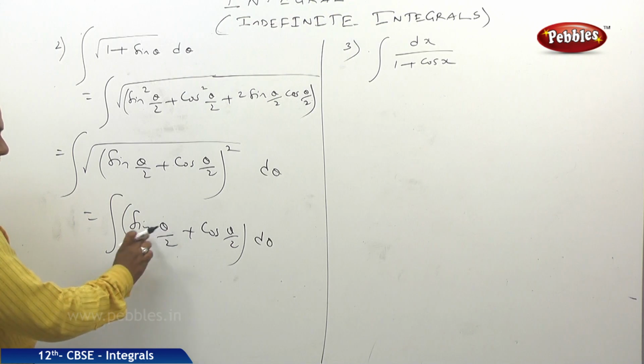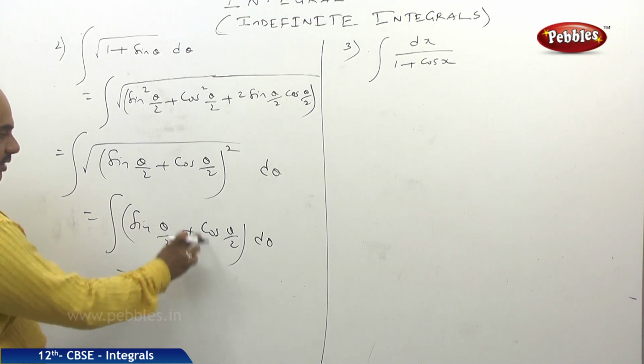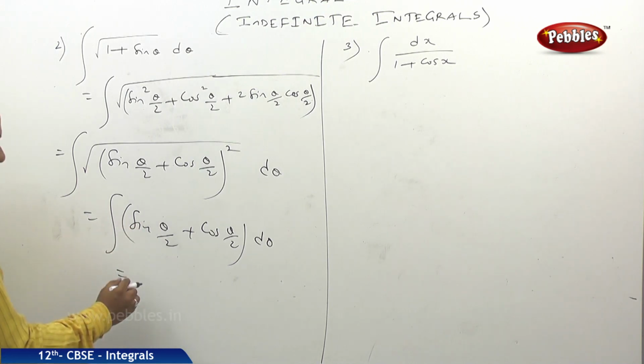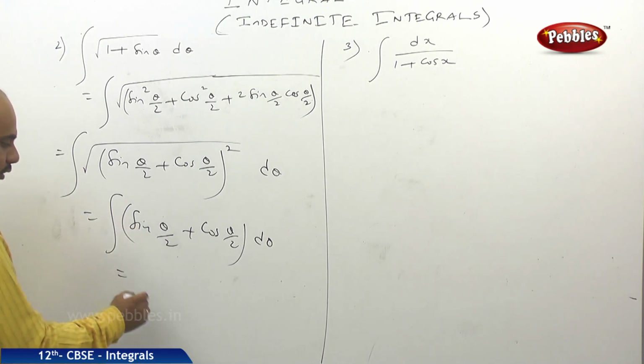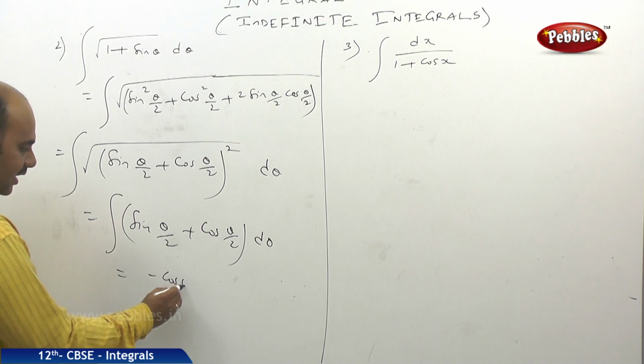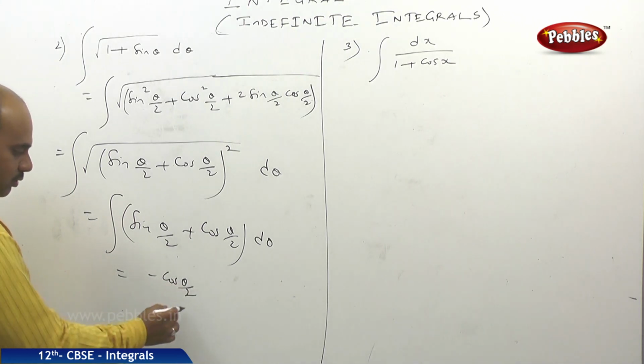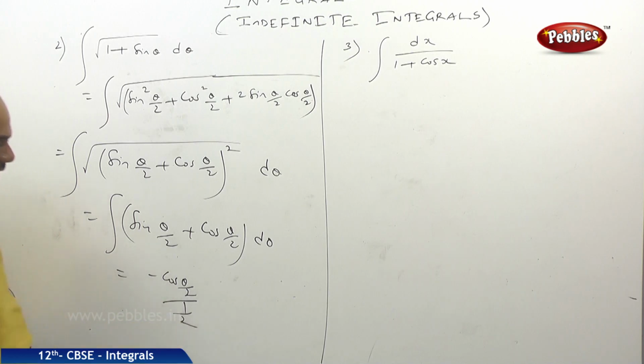Now I can apply integration individually, because there is a plus algebraic symbol here. Integral of sin theta by 2 is minus cos theta by 2, but the coefficient of theta is 1 by 2, so it comes as denominator.